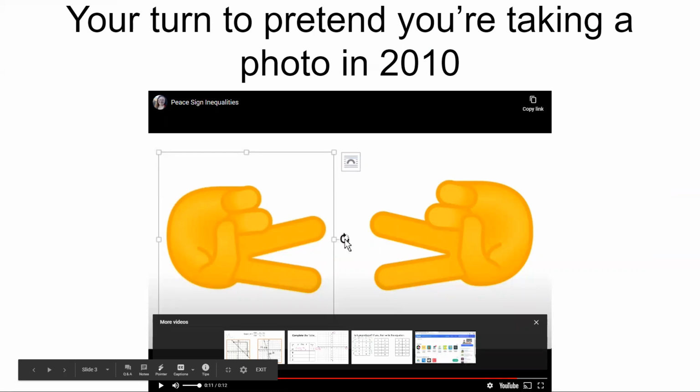If you're ever confused during this entire chapter, because this entire chapter is going to be over inequalities, act like you're taking a photo from 2010, put your peace signs in front of you, and you have your two inequality symbols. Left is less, left less, left less. It goes together with your two L's.